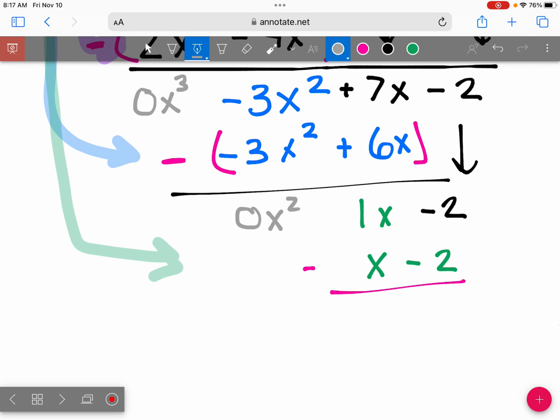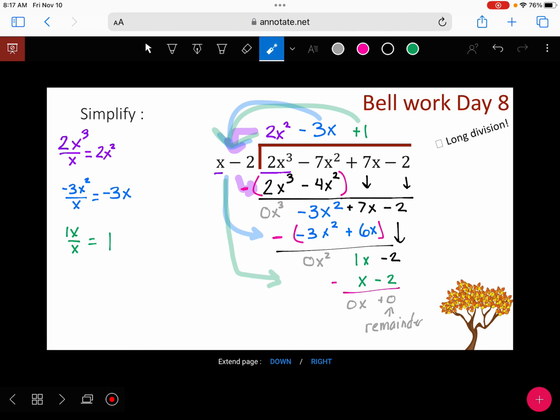We end up with 0x plus 0, so we have no remainder. And our answer is 2x squared minus 3x plus 1. That's our simplified division, our quotient.